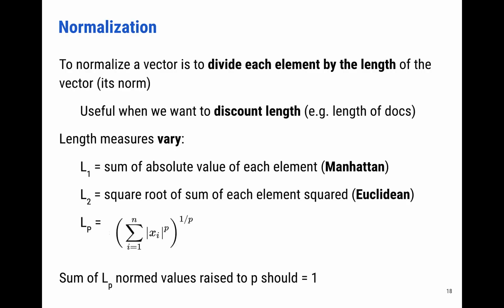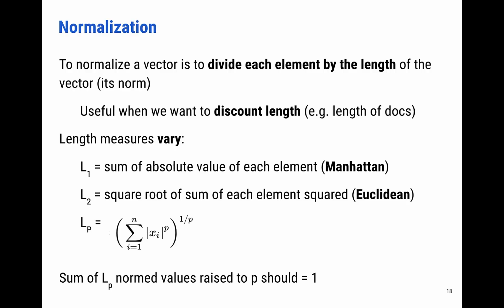And you can see that what's going on here is that this is a special case of a distance measure, because all we're doing is taking the distance between a vector and 0, which is the vector all of whose element values are 0. So we're essentially getting distance to 0 to define the norm. And just as there are many distance measures, there are many length measures for vectors.